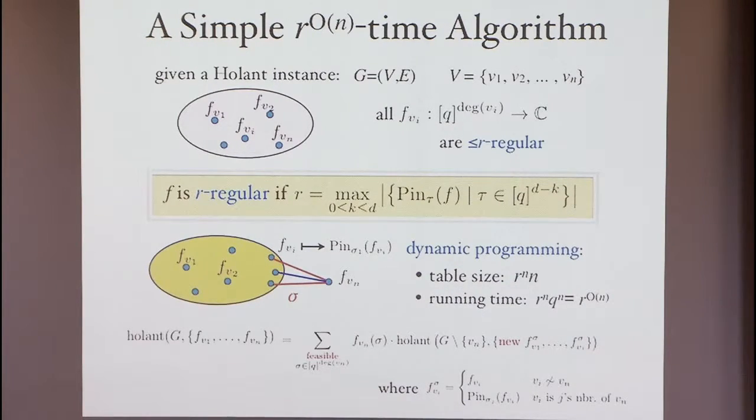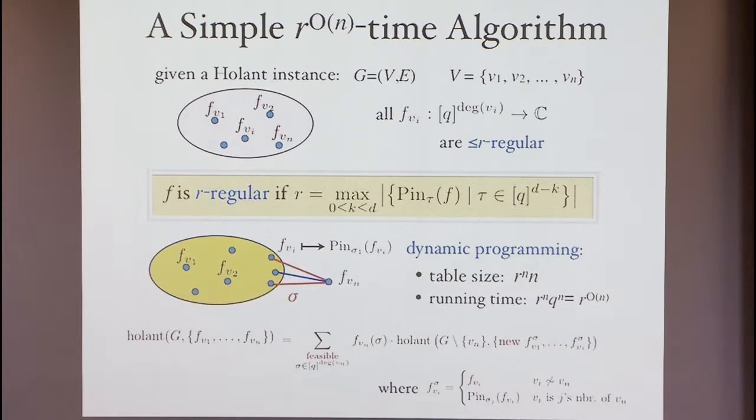For specific Holant problems like the permanent, the running time can be further optimized because we only enumerate feasible configurations, and for the permanent, the graph is bipartite. We can use that.